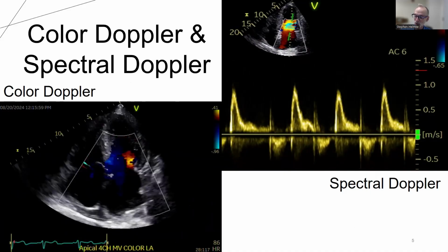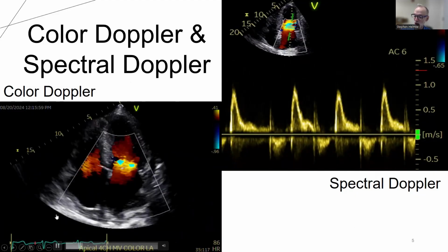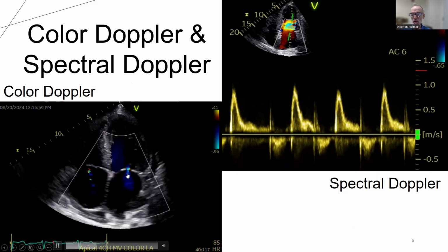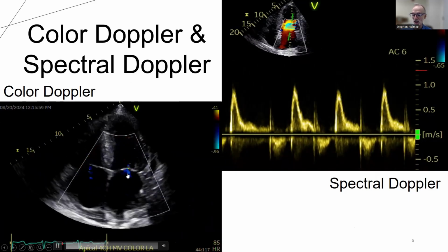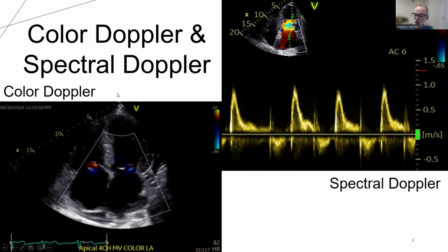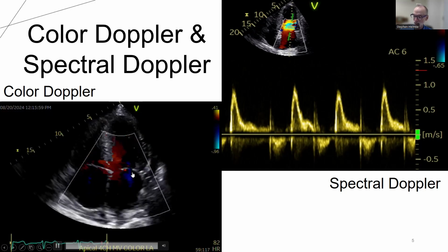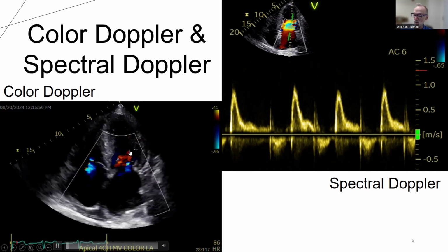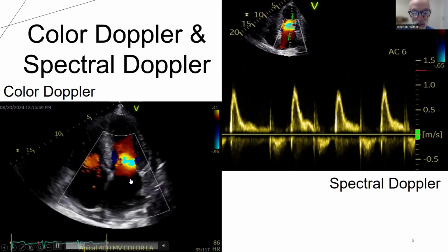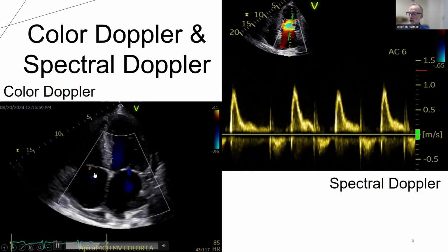I ask the machine to show me all of the movement within this block here that is moving within the range of frequencies that blood will move through a valve. The red flows up towards this transducer, the probe on the top, and the blue flows back. In this case, this is the mitral valve flow, the red, and the mitral valve regurgitation, when it leaks back just a little through the valve. And on this side is the tricuspid.